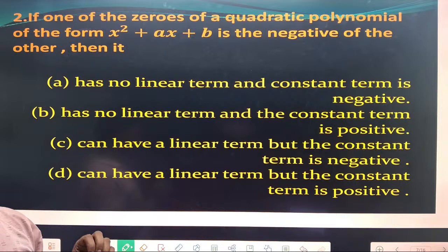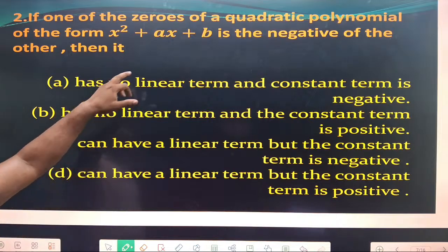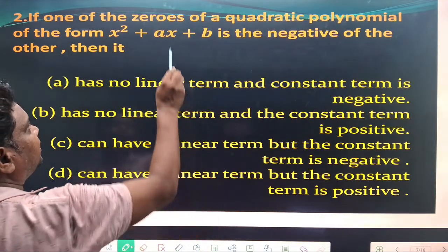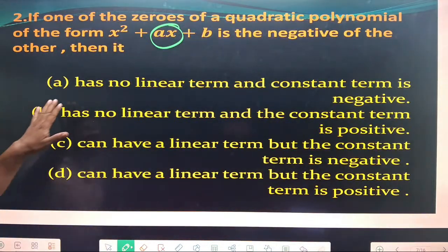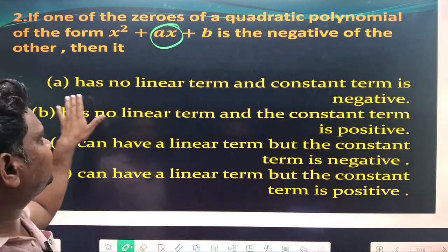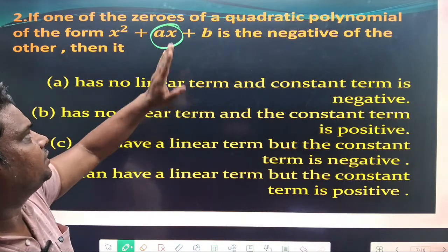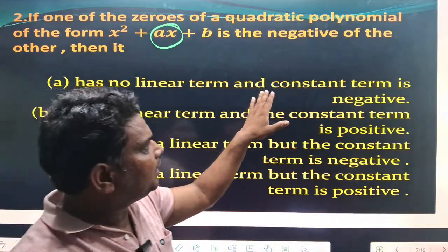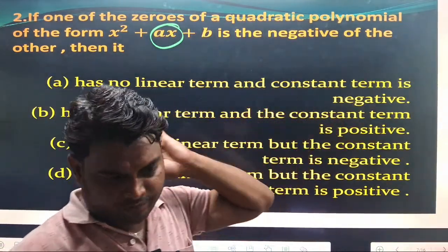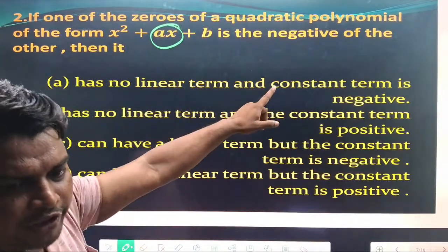If one zero is the negative of the other, then the linear term is always zero. So the option is: has no linear term. The terms cancel out and become zero, and the constant term is negative.